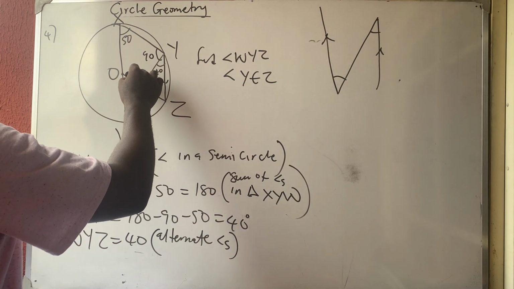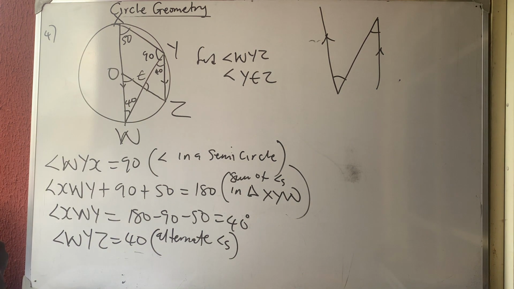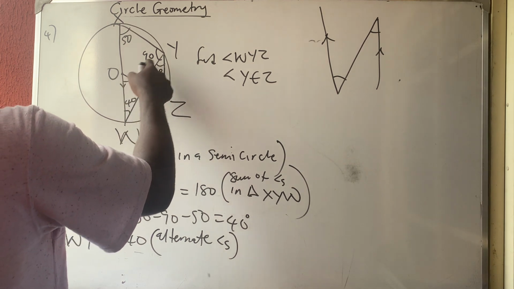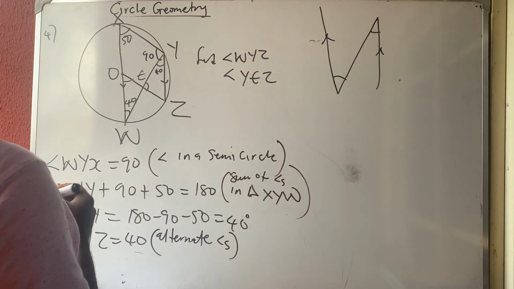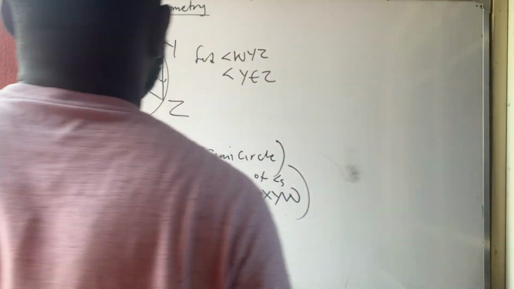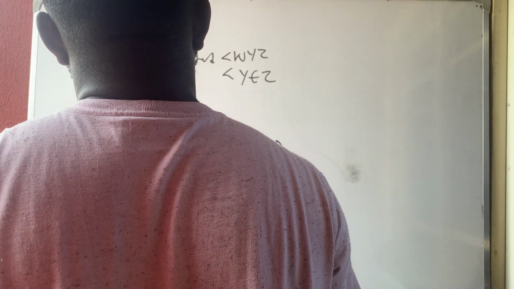How do we get here? From these two places, yes, they are facing up, and this is the angle at the circumference. This is the angle at the center. So we can say that angle at the center is twice angle at the circumference. Very, very important.